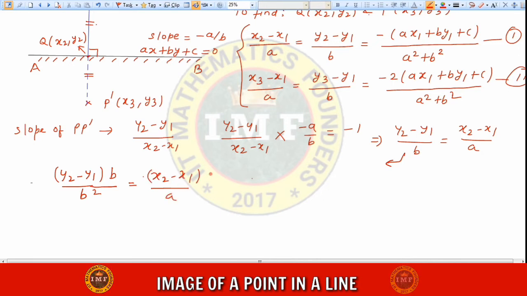Now here I am multiplying by a in the numerator and denominator. Okay, so each ratio can be equal to the summation of these individual ratios. So this is equal to [(y2 − y1) times b plus (x2 − x1) times a] divided by (b² + a²).